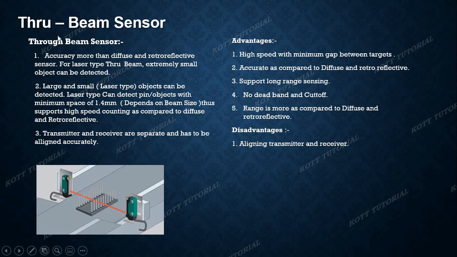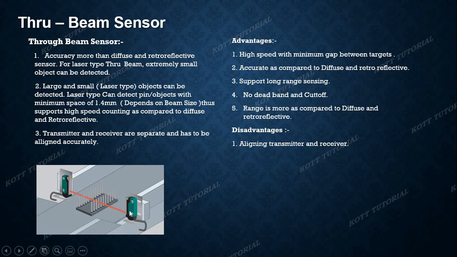See, when we say through beam, there are also 2 types. Diffuse through beam is also there. Laser type through beam sensors are also there. The laser type through beam sensor can support a long sensing range. No deadband and cutoff. See, in this through beam method, there is a transmitter, and that light is received at the receiver end.